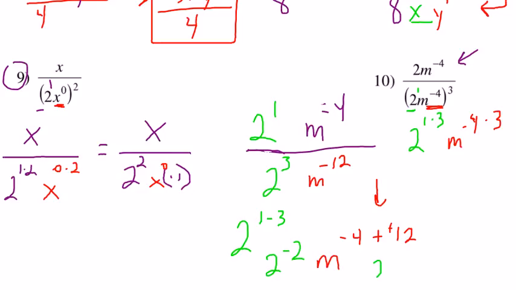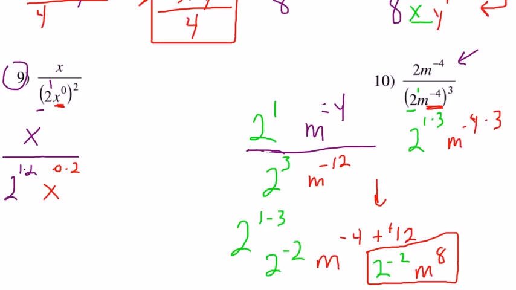So let's say we still have 2 to the negative 2 power, and m now turns into the 8th power. Should I rewrite this? The answer to this is absolutely, but I need more room in order to do that. So if I am going to write 2 to the negative 2 power, m to the 8th, I don't have to do anything with my m to the 8th.